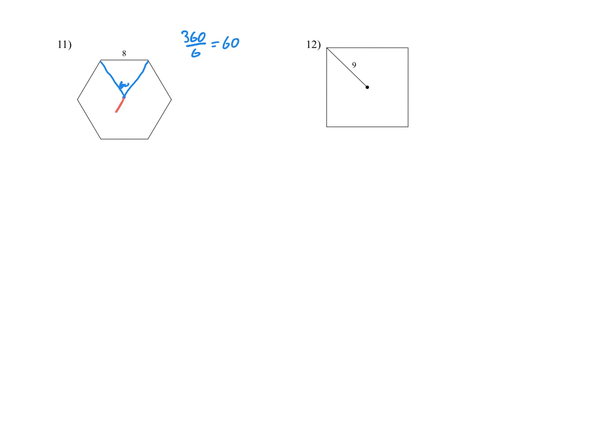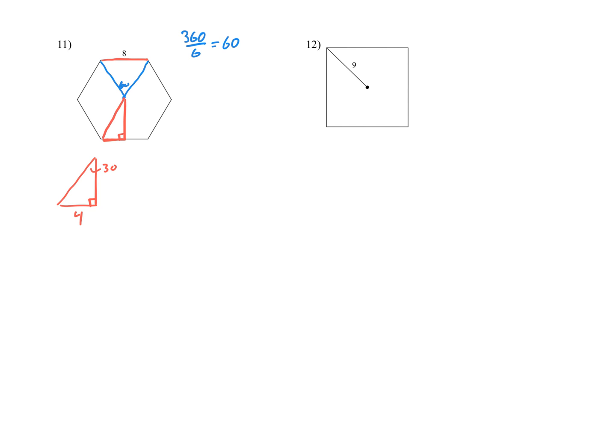If I want to look at this triangle here, this is a right triangle, I'll pull that out right here so we can just draw a little bit bigger. That angle right there is going to be 30. This is a right angle, and since this whole length is 8, half of that is going to be the length of this little section here. So in our case, 4.